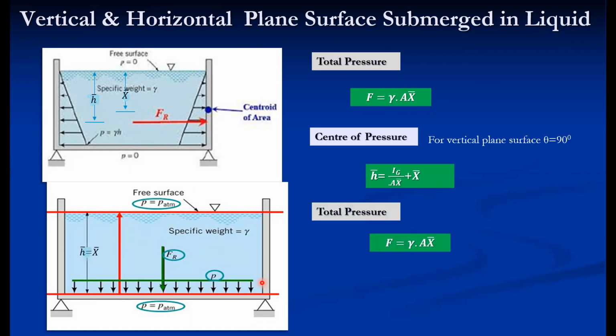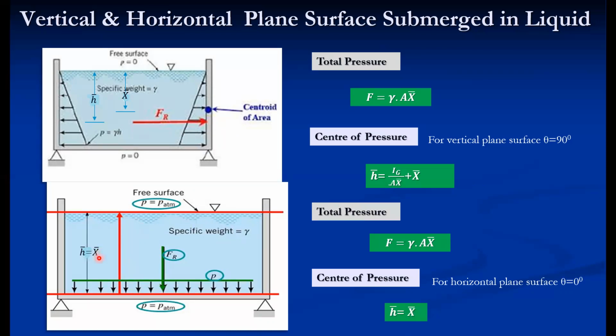For the center of pressure of a horizontal plane surface, theta is 0 degrees with reference to the horizontal, and sine 0 is 0. So h bar is equal to x bar. These are the expressions of total pressure and center of pressure for vertical and horizontal plane surfaces submerged in a liquid.